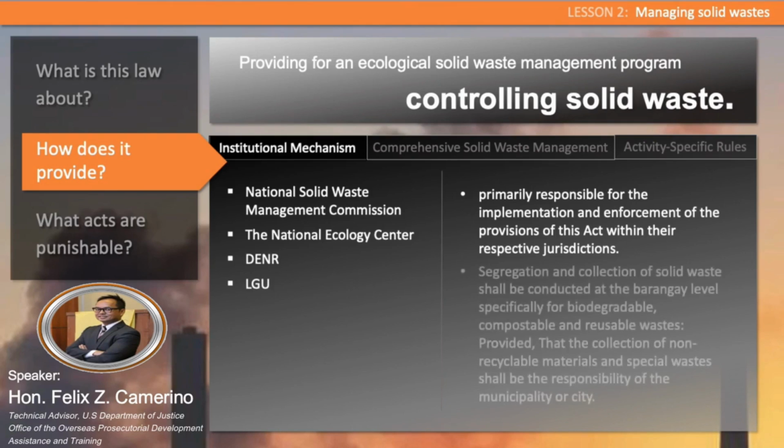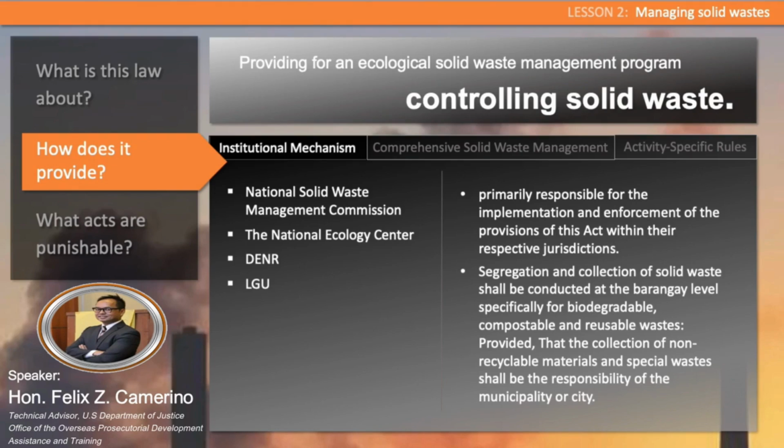So let's take a look at it. The law says that when it involves biodegradable, compostable, and reusable waste, the primary responsibility of segregating and collecting those solid wastes is to be conducted at the barangay level.